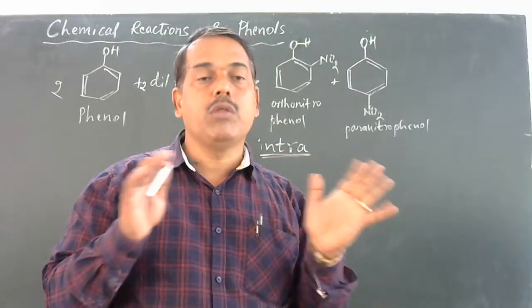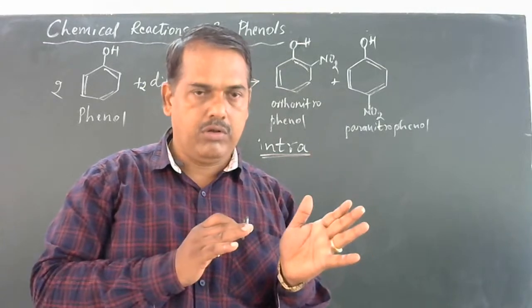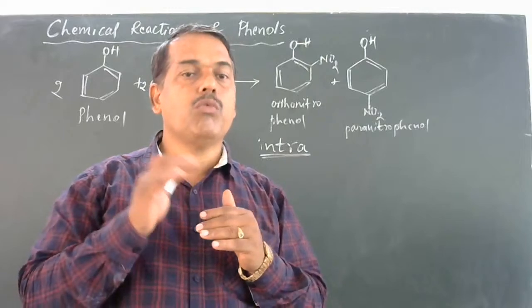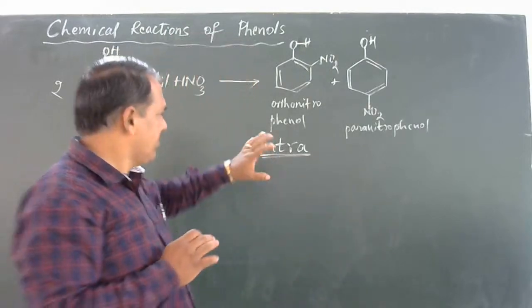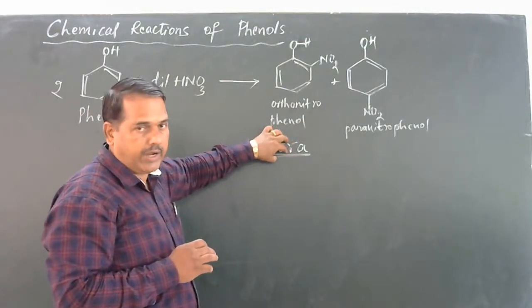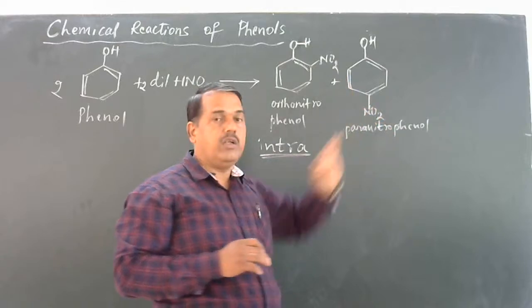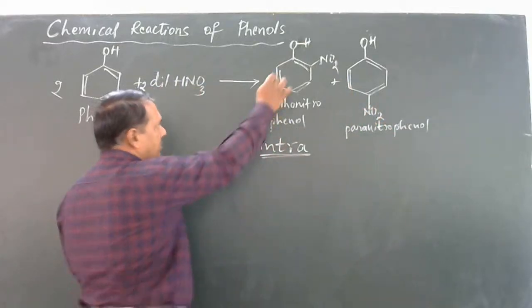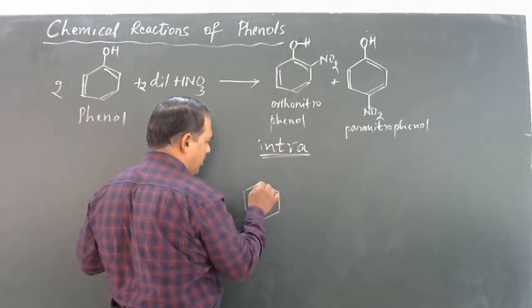So we may get one more question. Among orthonitrophenol and para-nitrophenol, which is more volatile? Give a reason. The reason is the intramolecular hydrogen bond. In para-nitrophenol we can find a hydrogen bond which is an intermolecular hydrogen bond, molecule to molecule. This is the structure where we can observe the intramolecular hydrogen bond.